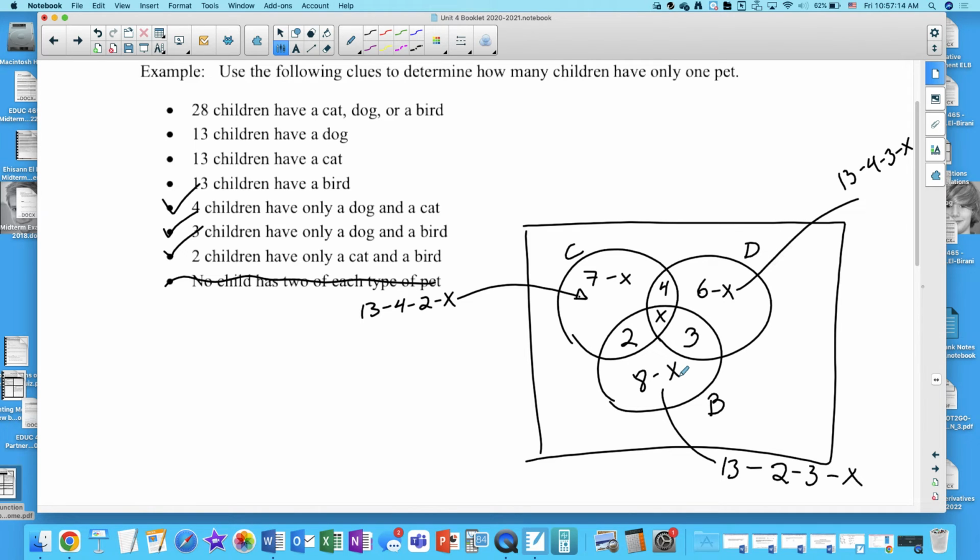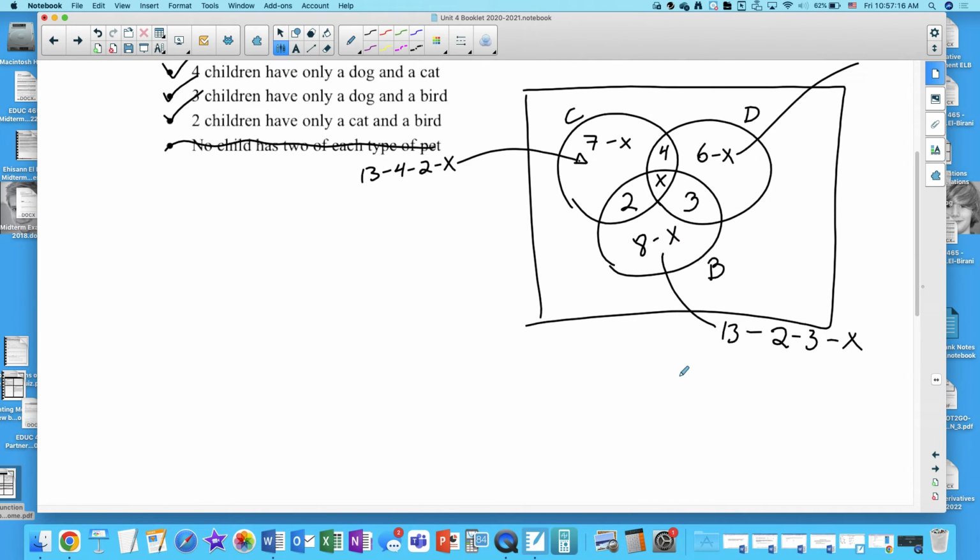Yeah, so this is how we can figure it out, okay? C union D union B, the number of people in there is 28. So if we add up all of the different regions, that should add up to 28, and we're only going to have one variable, okay?